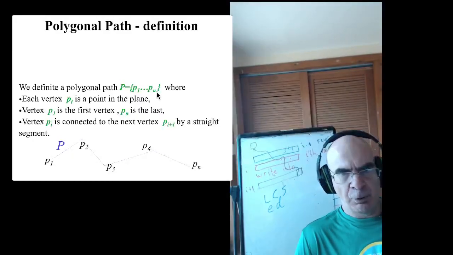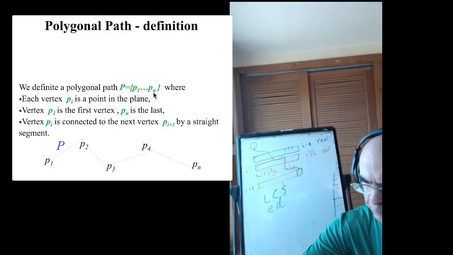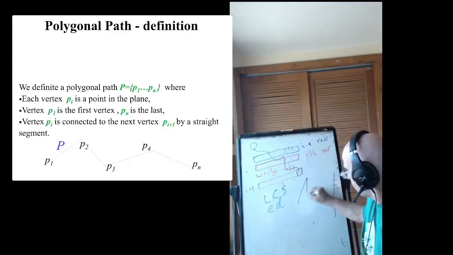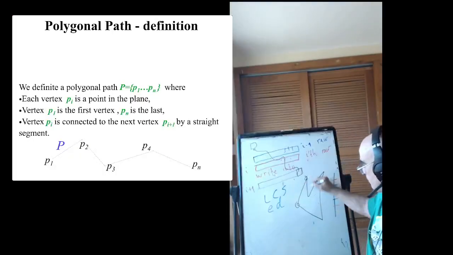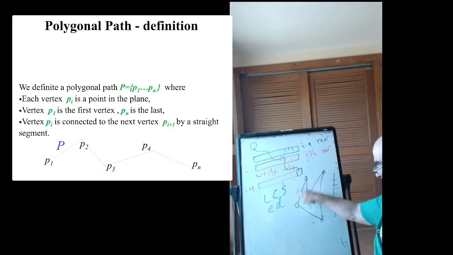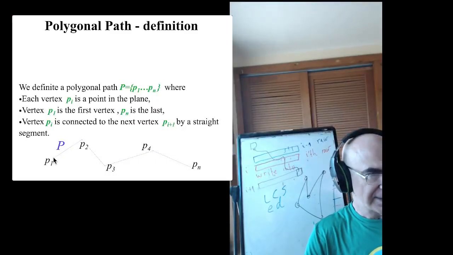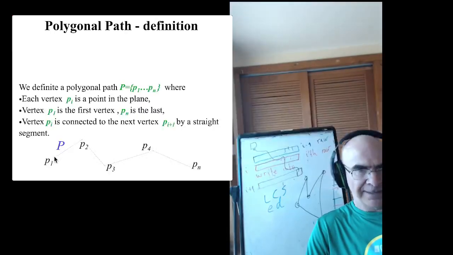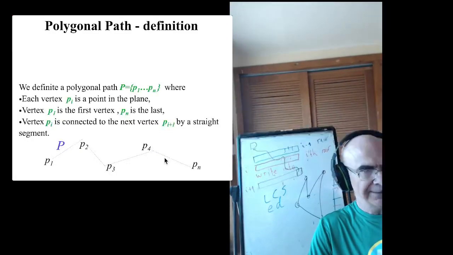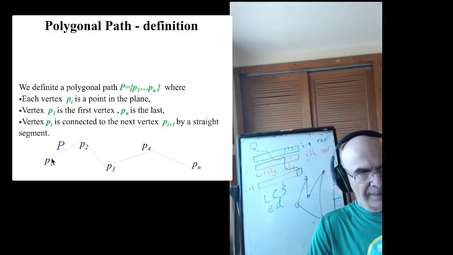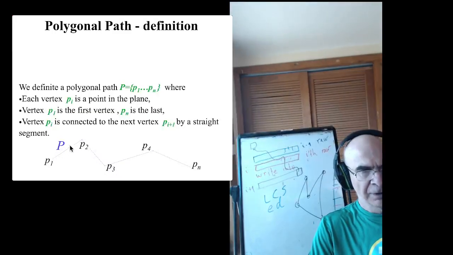When I give you a polygonal path, it's not a polygon. A polygon is a shape that contains some area inside it. Instead, it's a list of vertices. P1 is a vertex, P2 is a vertex, P3 is a vertex, points on the plane or in space. What makes it a polygonal path is that I understand these vertices as follows: between P1 and P2, they are connected by a straight line segment.